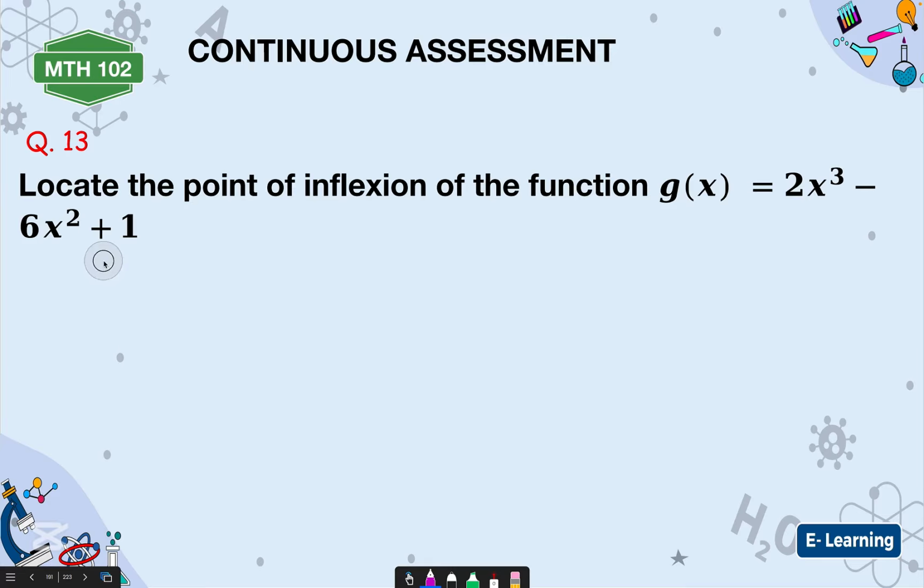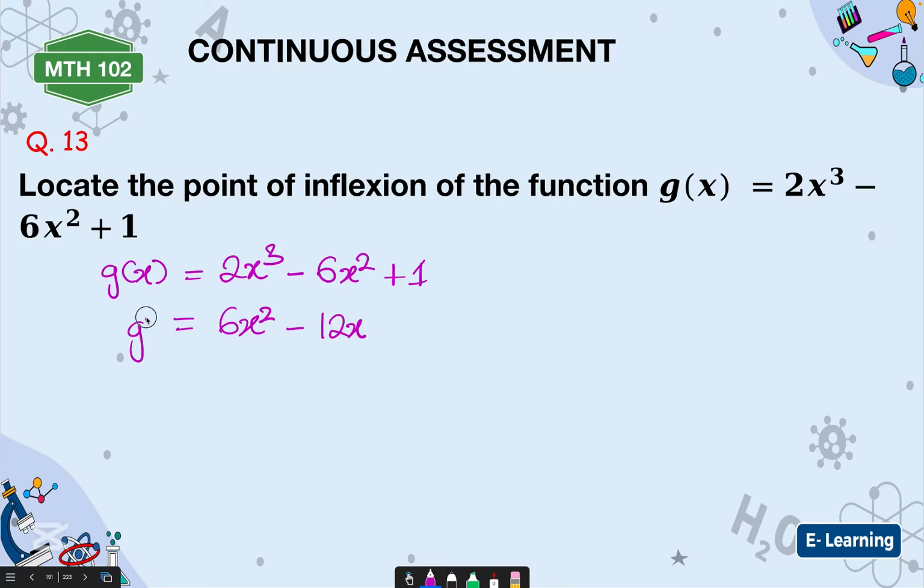So we have g(x). They gave you the function g(x), which is 2x to the power of 3 minus 6x squared plus 1. When you differentiate this, it's going to give us 6x squared minus, when you differentiate this, it's going to give us 12x.